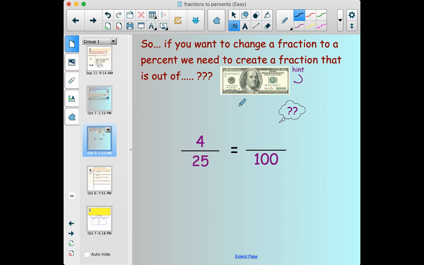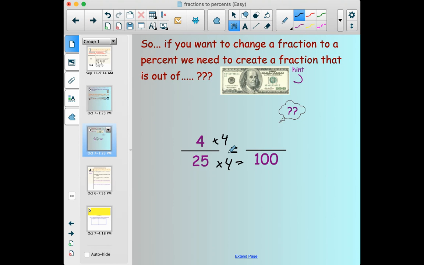If percent means out of 100, if we can take our fraction and change it so that the denominator is 100, then we'll be able to see our percent pretty easily. So if I start out with 4/25, and I want to get the denominator to be 100, what do I have to do to 25 to make it 100? If you count by 25, you get 25, 50, 75, 100. So it looks like four 25s make up 100. To get that 25 to 100, I have to multiply by 4. If I multiply the bottom by 4, I also have to multiply the top by 4.